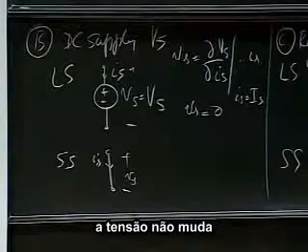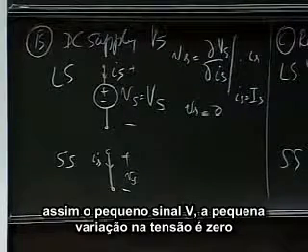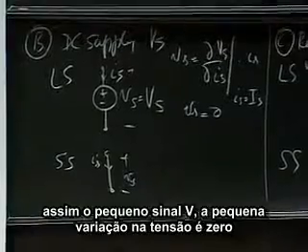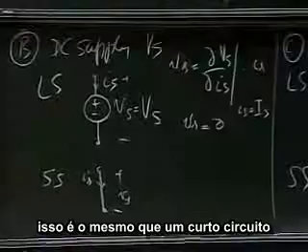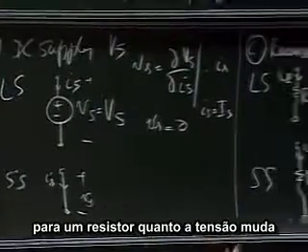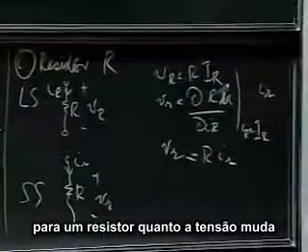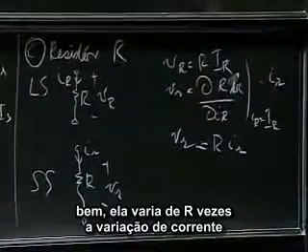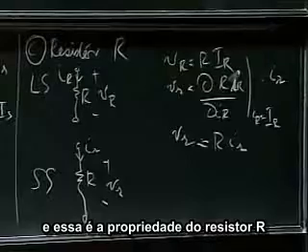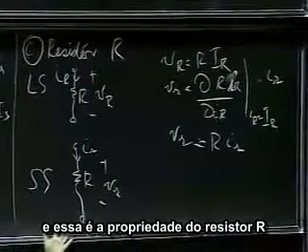The voltage doesn't change, so the small change in the voltage is 0, and that's the same thing as a short circuit. For a resistor, by how much does the voltage change if I change the current by a small amount? It'll change by R times the current change. That's the property of a resistor, R.